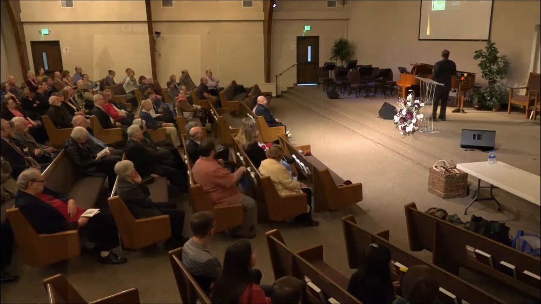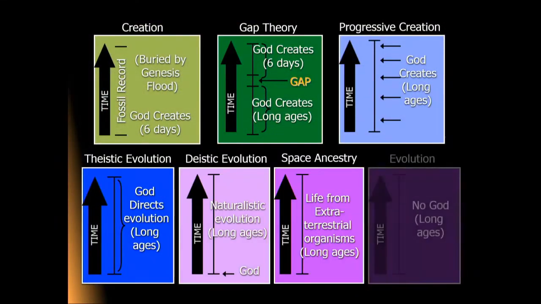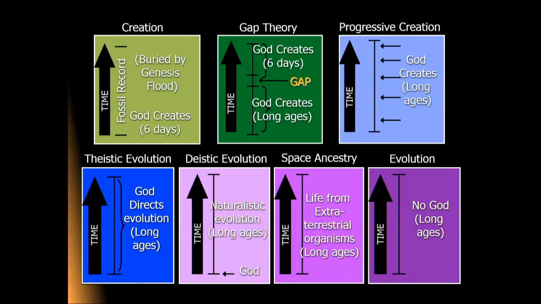Anyway, so real quickly, here are the basic views of how we got here. Most all of you will fall into one of these boxes. I hate to box you, but I'm in a box too. All of us are either going to believe in creation by a biblical view of a recent date, and the fossil record represents the flood.